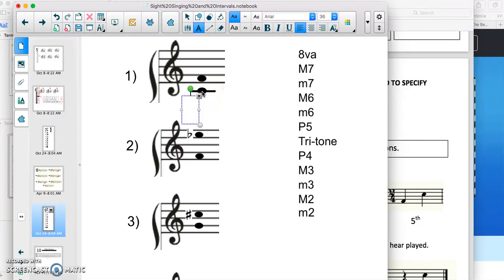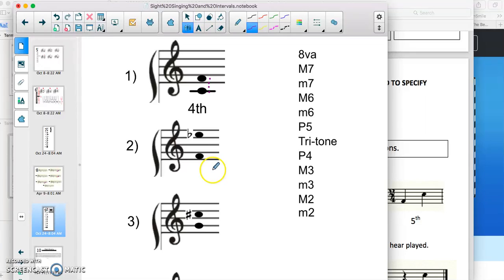So for number 1, this is middle C. So you count, let me get my pen out again. We have 1, space is 2, line is 3, and that note is sitting on the 4th step up. So the answer here would be a fourth. Number 2, I'm going to grab my pen again.